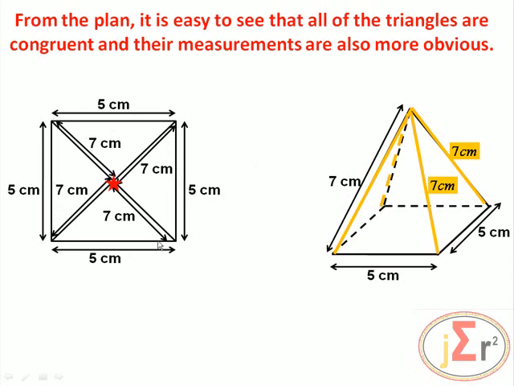It is also obvious that all of the triangles are congruent because we will have 7 centimeters here and 7 centimeters here for these two sides, and we will have the additional side of 5 centimeters, and that is going to be the measurement for every single triangle that we have there.